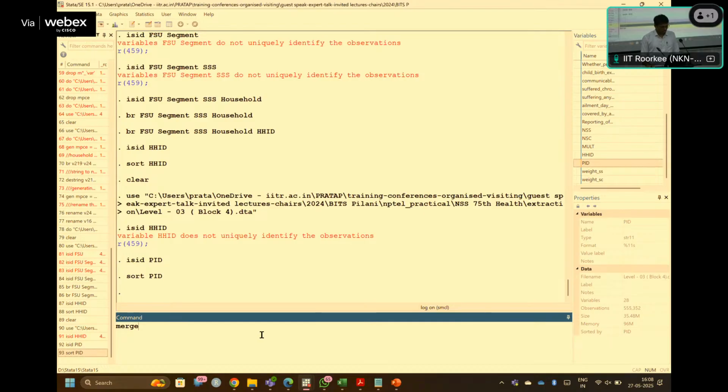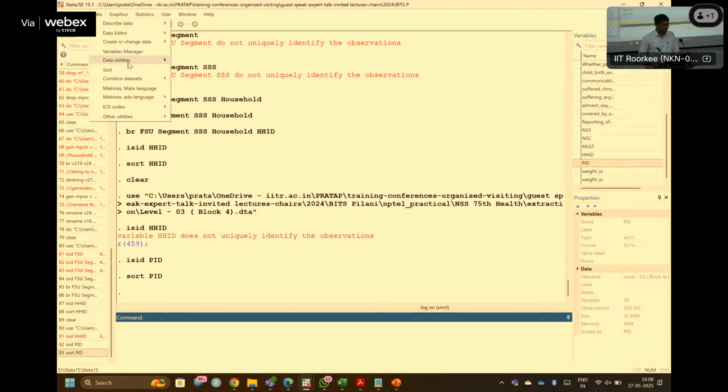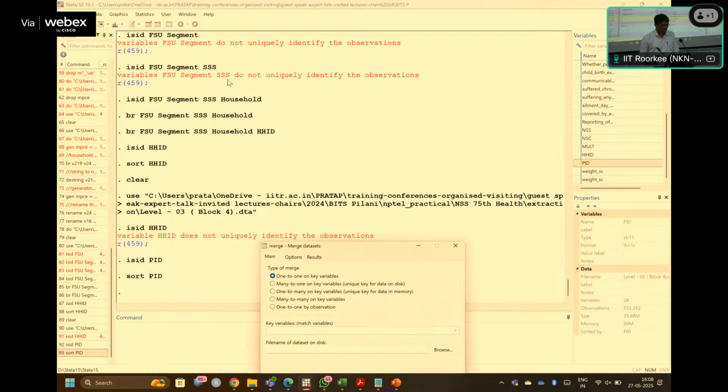Otherwise, the easiest way is to just check Data, Combine datasets, Merge two datasets. The same principle applies: one to one, many to one, one to many, many to many, or one to one by observation.